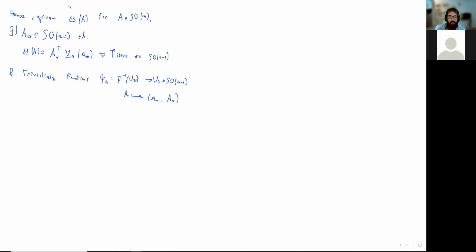And now basically using the same proof that we did before with the frame bundle and the principal bundle associated to it, it is possible to prove with techniques that we've already seen that the transition functions have values in SO(n-1). So what did we prove here?